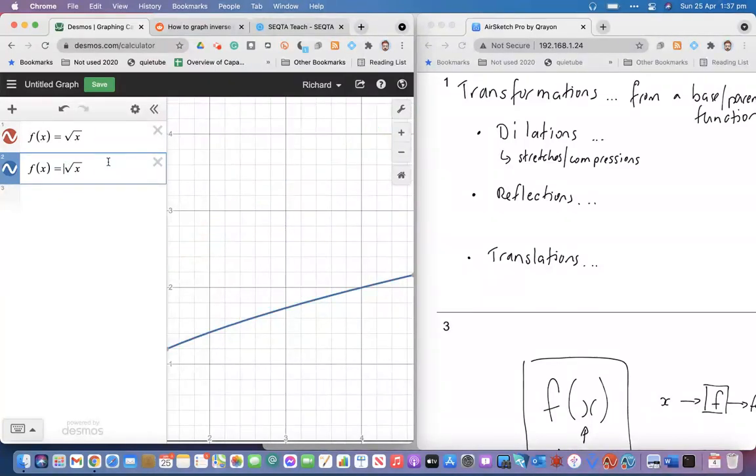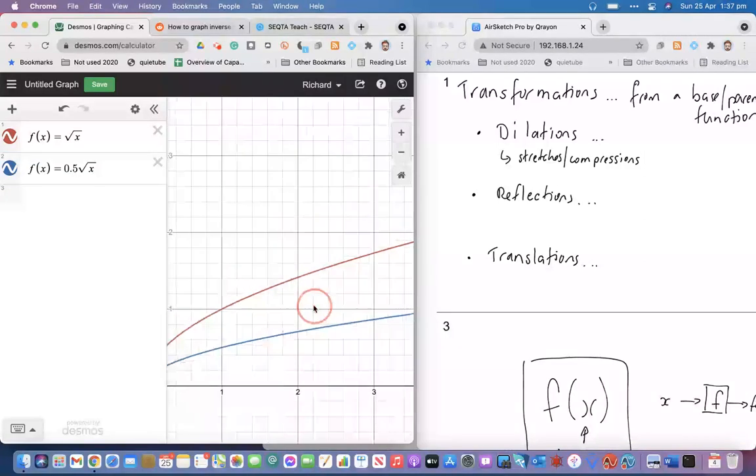In a similar vein, if I go 0.5 root x, then I'm halving the output values. So remember, it either affects the output, the whole of the function, or the input, just x. So here, where I had (1, 1), I've now got (1, 0.5). Okay, because this one has been halved to here.